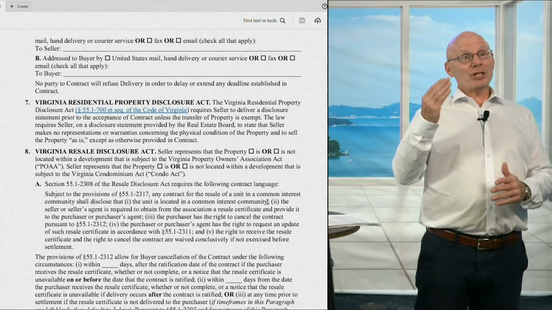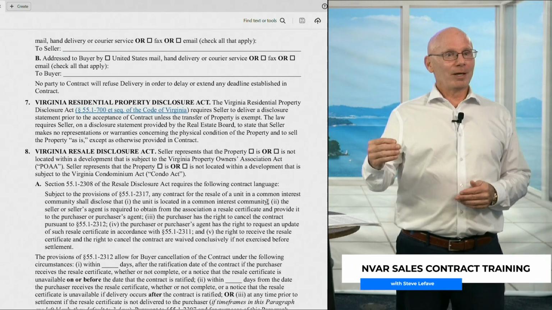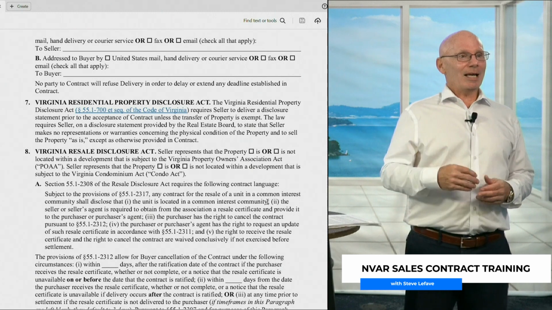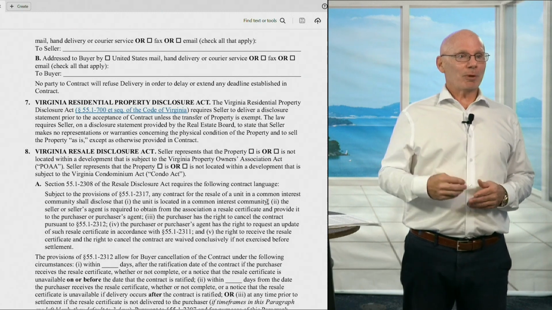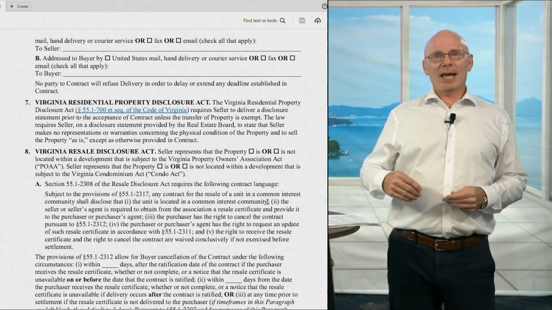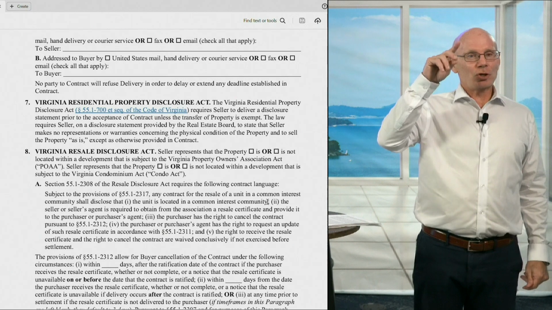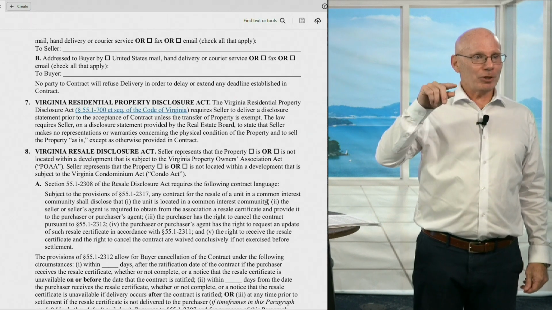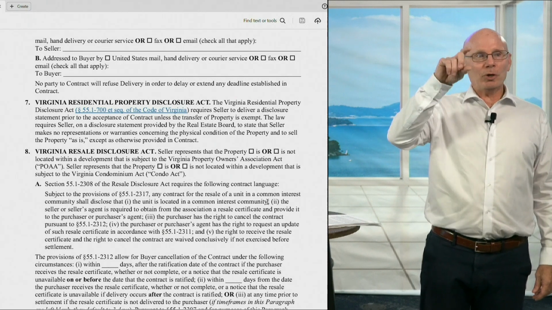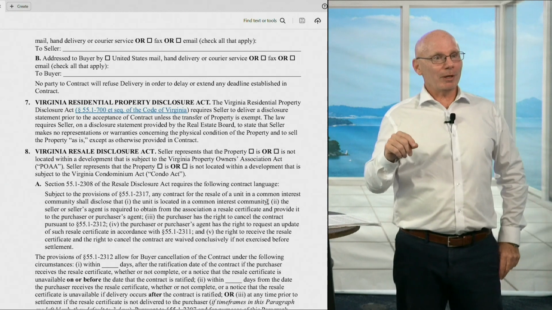Now, the other secret with SkySlope is if you don't upload an attachment to your file, they don't know it needs to be reviewed. So say they go through your checklist and two items are checked X because there's no MLS agreement and there's no property disclosure statement, and you just put notes in there and now you're waiting for them to review it.